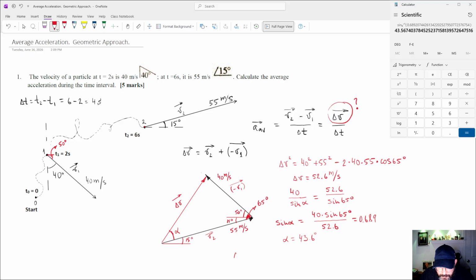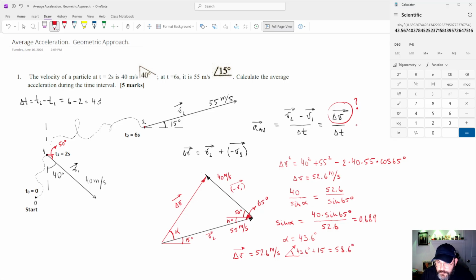Okay, our delta V vector is equal to 52.6 meters per second, and pointing in this direction at 43.6 plus 15, and that gives us 58.6 degrees. Okay, so this is done.